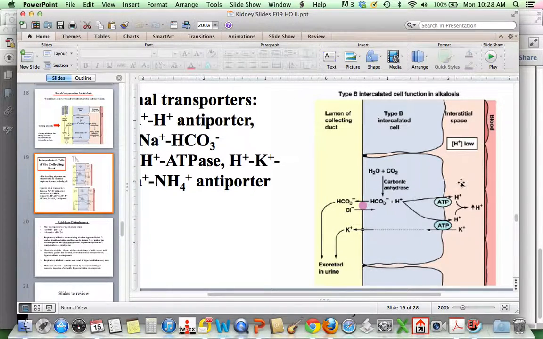We can also see that we have the proton pumps on the basolateral side of the cell, bringing the protons in and keeping them in the blood. This helps rectify the situation if the blood has become really basic, so we want more acid around to help counteract that, and our proton concentration is low.